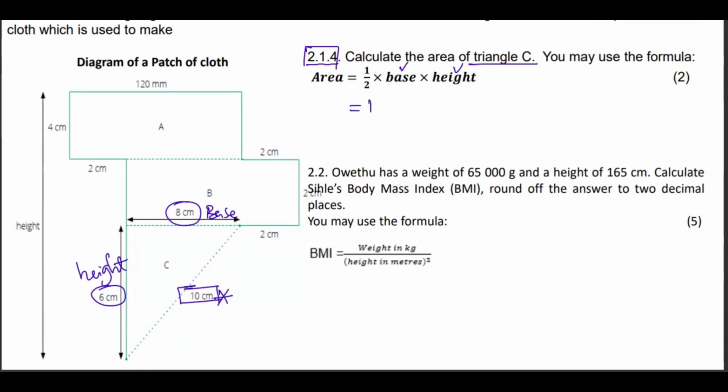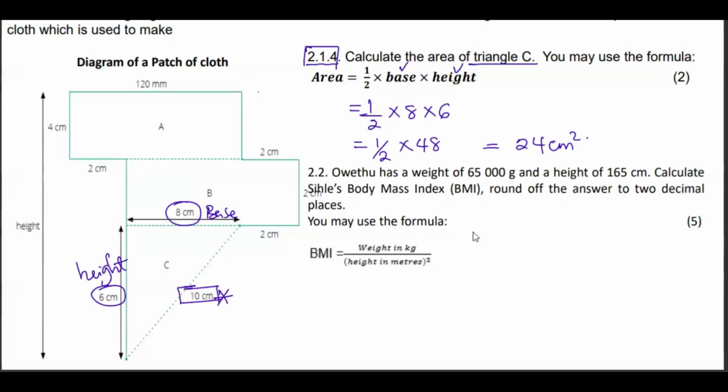So it's half times base, which is the 8, times the 6, which is the height. This gives you half times 48, which gives you the answer as 24 centimeters squared.